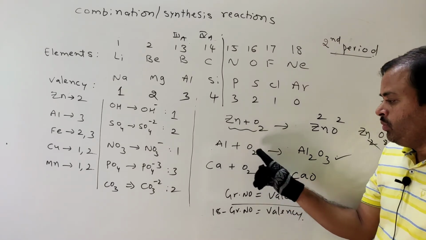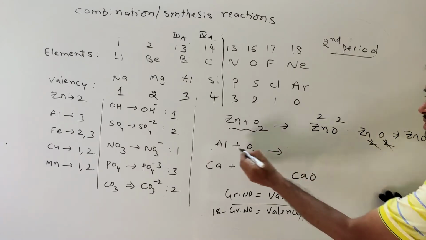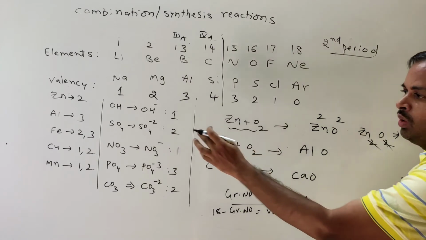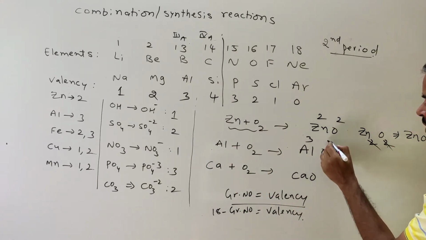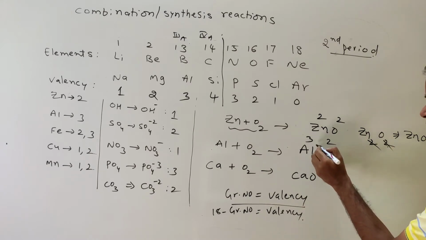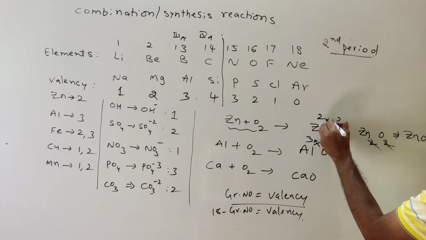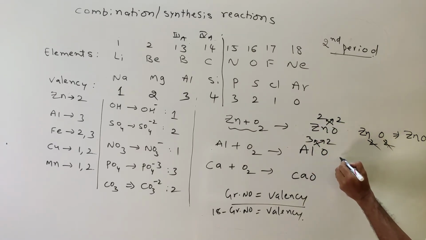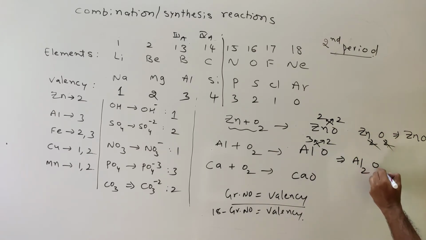Next, aluminium plus O2 gives Al2O3. How to write this product? Just write AlO. Now what is the aluminium valency? 3. What is the oxygen valency? 2. Always follow the crisscross rule. Just mention the valency numbers of the respective elements on top of the element: Al 3, oxygen 2, and following the crisscross rule, Al2O3.